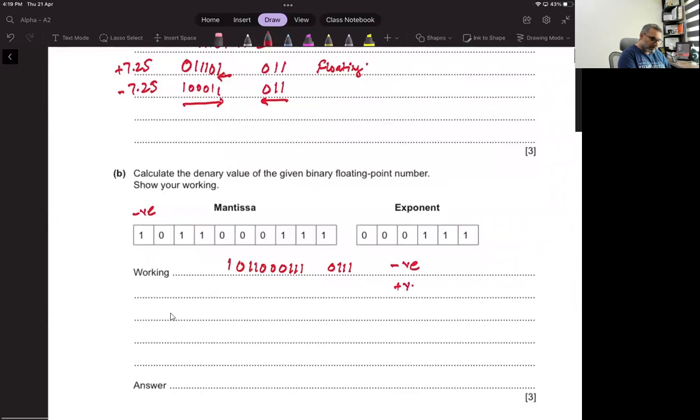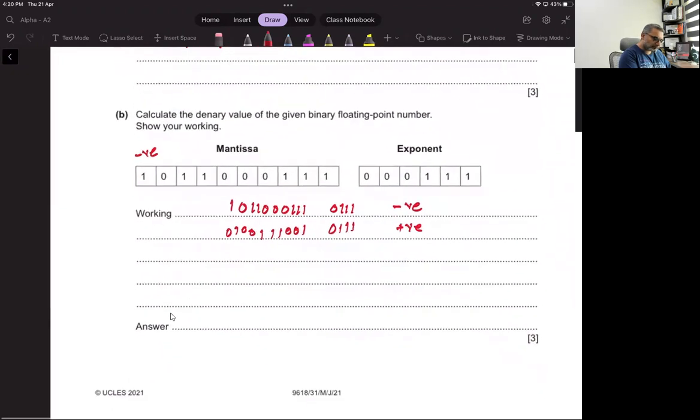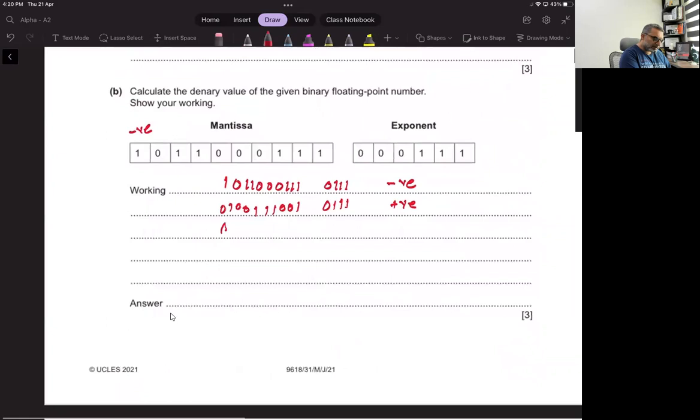First, let's make it positive by keeping the exponent same, the first one in the mantissa same, and toggling the rest. Now convert it to fixed point: 0.100111100 into 2 to power 7. Now resolve this: 1, 2, 3, 4, 5, 6, 7.